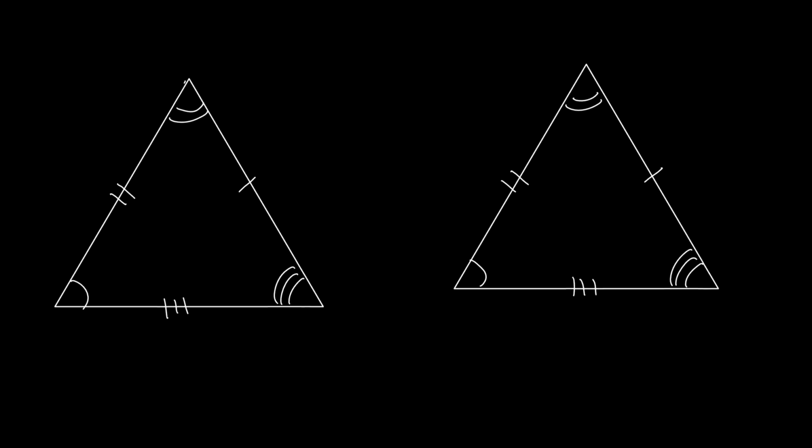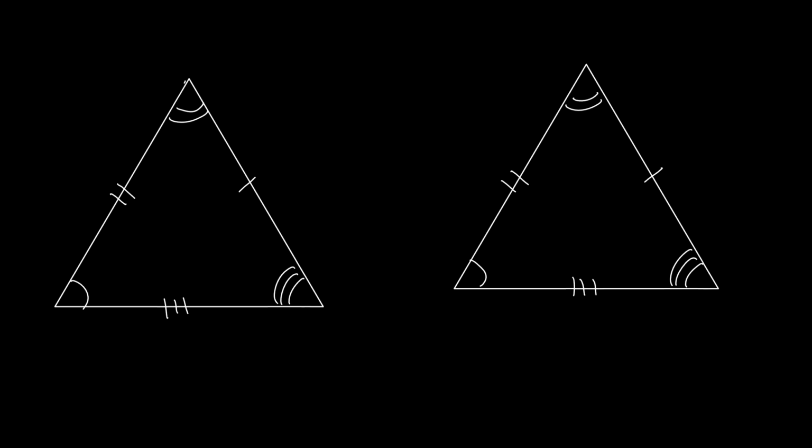I heard someone say arc marks. They're arc marks. So how many parts is a triangle composed of? There are 6: 3 sides and 3 angles.